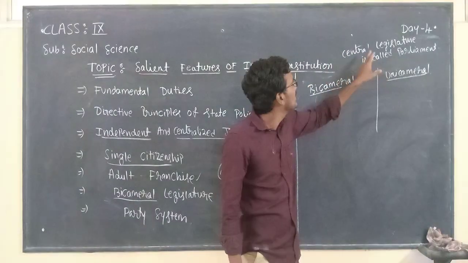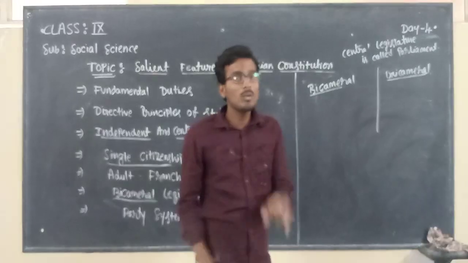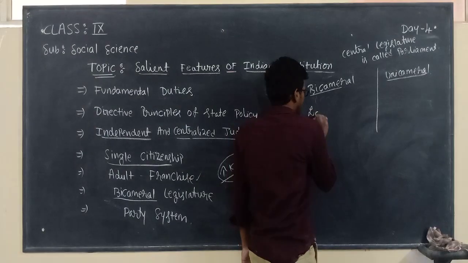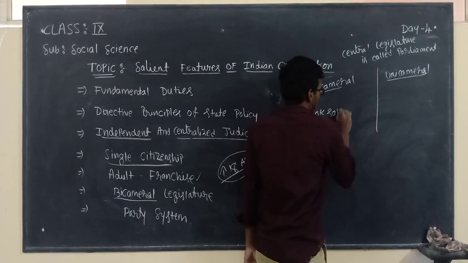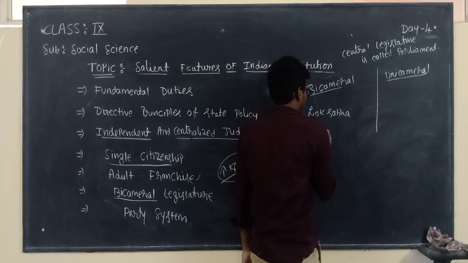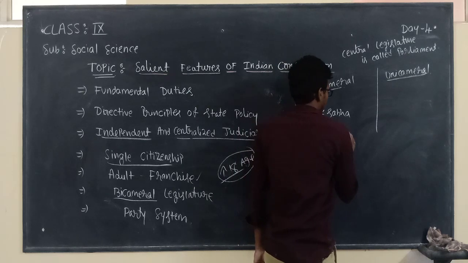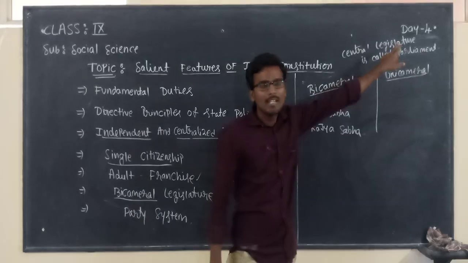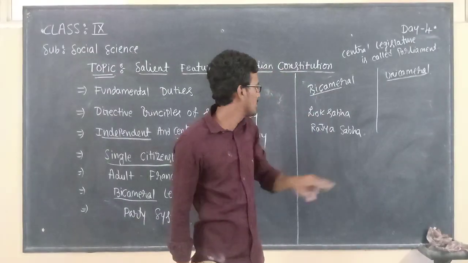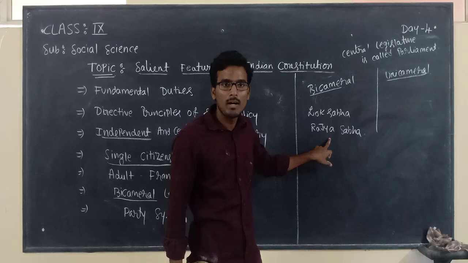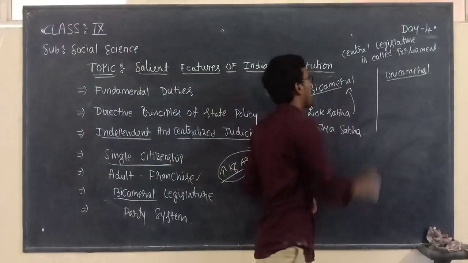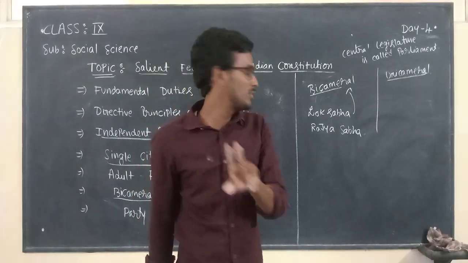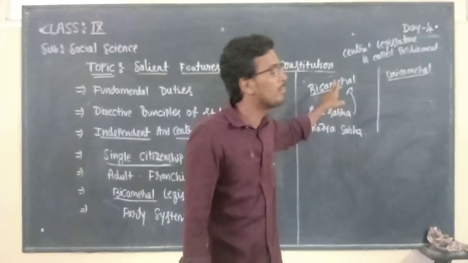If the central legislature contains two houses, Lok Sabha and Rajya Sabha, that is known as bicameral. The central legislature consists of two houses, Lok Sabha and Rajya Sabha, means bicameral.